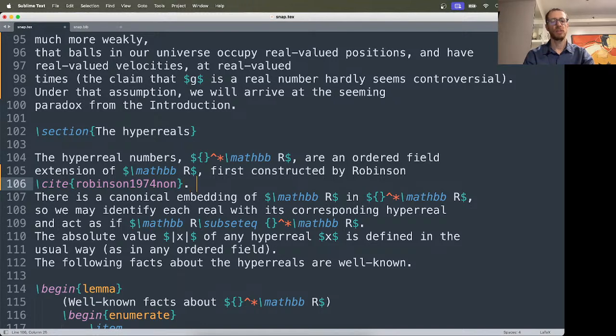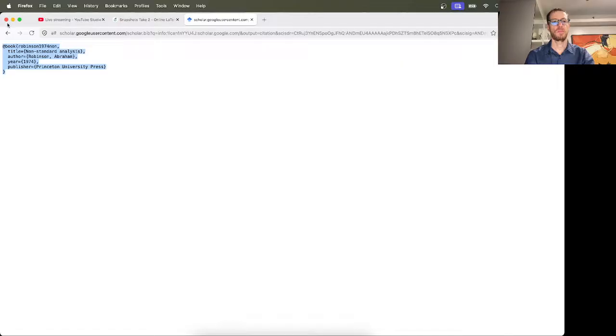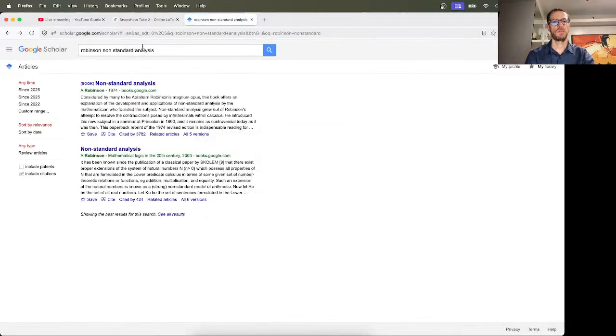We can also mention Goldblatt's textbook, Lectures on the Hyperreals.